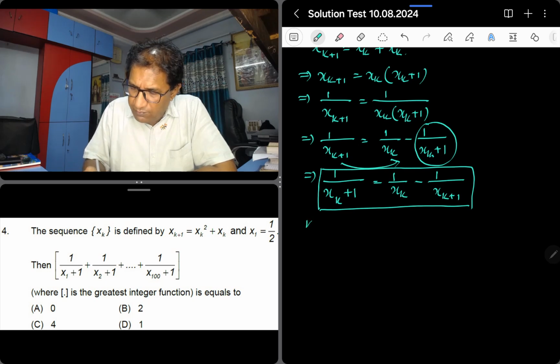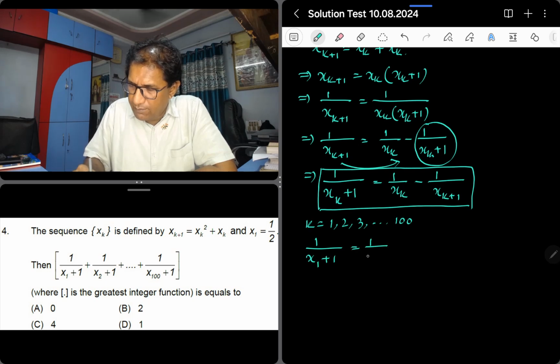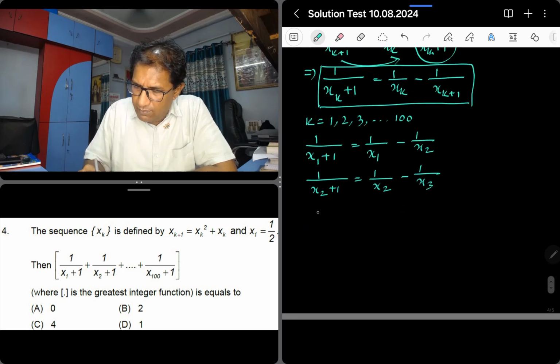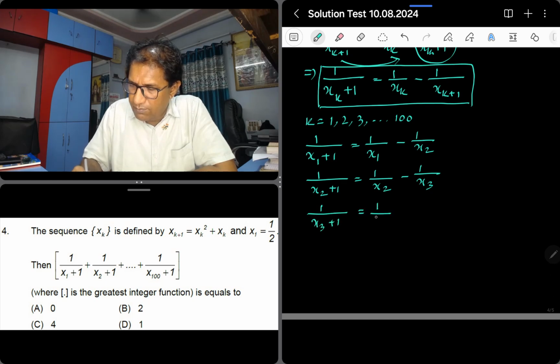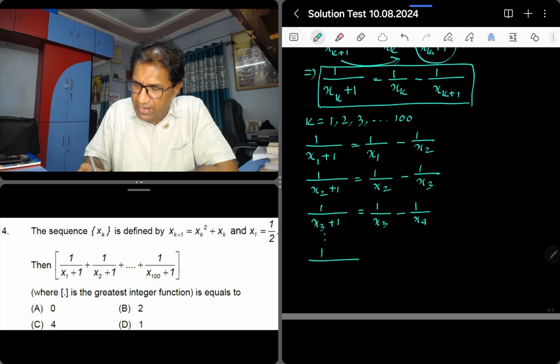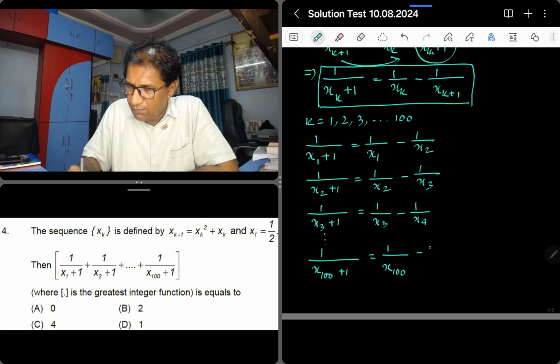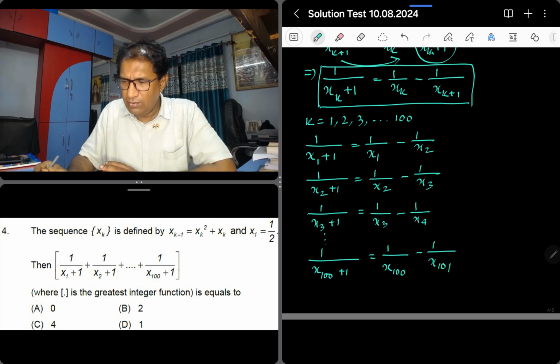Now let me put k equals to 1, 2, 3 till 100. What we are getting? And this thing goes on. So the last term, when we put k equals to 100, we are going to have, is it clear to all?